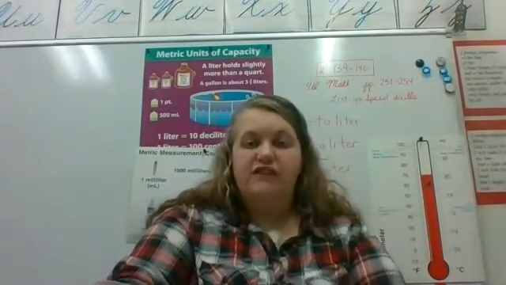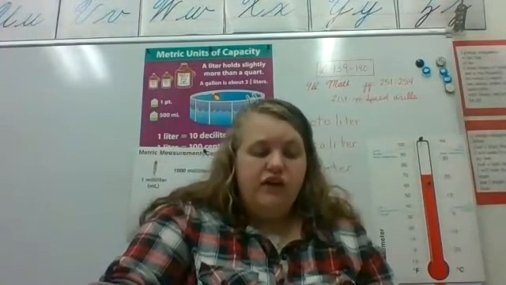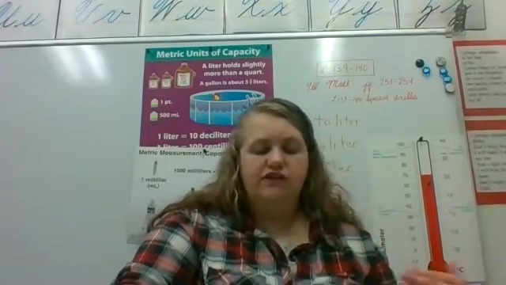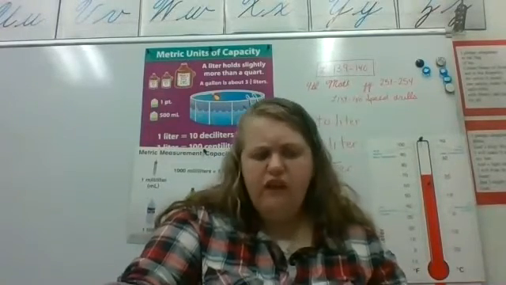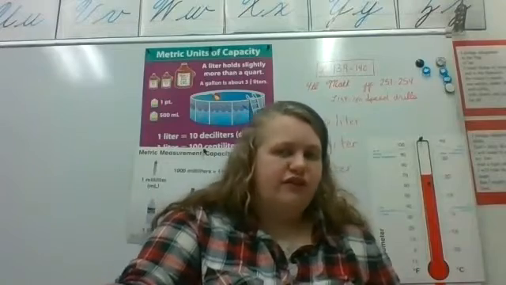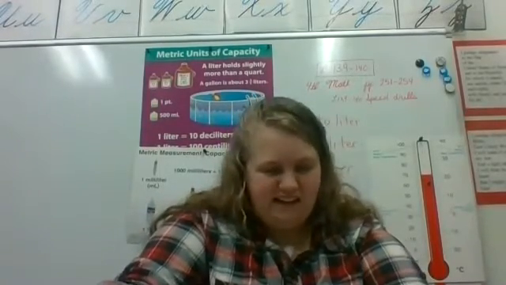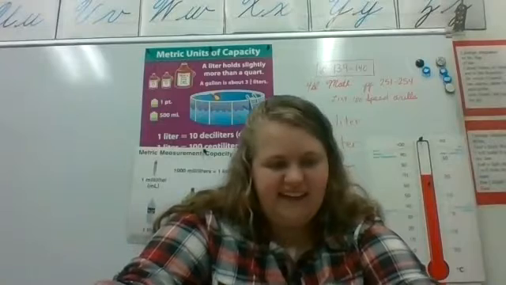The boiling point for Celsius is 100 degrees. So these 2 scales are what we use to measure the temperature. And there is a third scale, Kelvin, but it's not one that we're going to look at today.